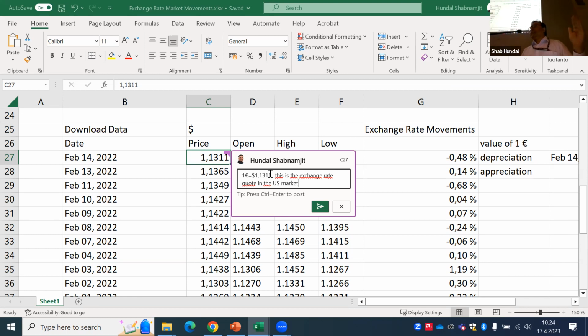And then on the right hand side, like for example, here you see that €1 on the left hand side, right? Can you see that? Equal to certain number of American dollars. This is the right way of writing the exchange rate if you are buying and selling, if you're making payments in American dollars.